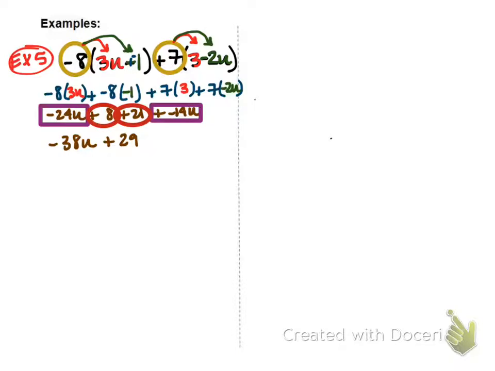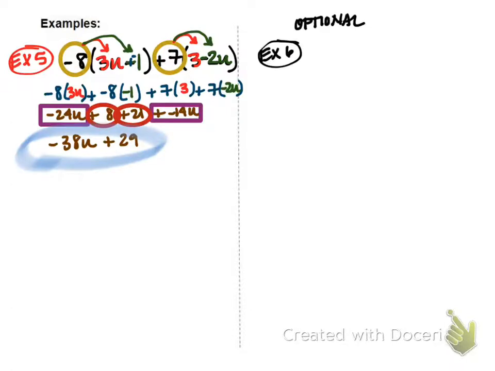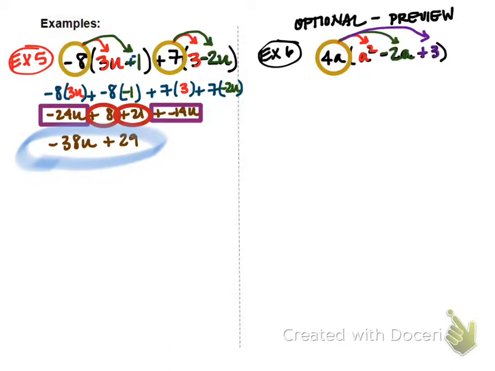The next thing I'm going to do is do a preview for another example. So in this case, for this example, you do not need to write this down. It is a preview, and I just want to be able to show you. So if I was to distribute a 4a to the quantity a squared minus 2a plus 3, then I get to go ahead and I can circle that and distribute through.